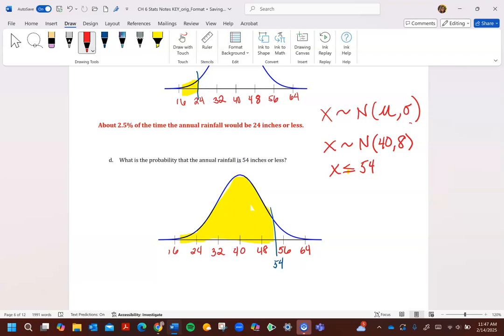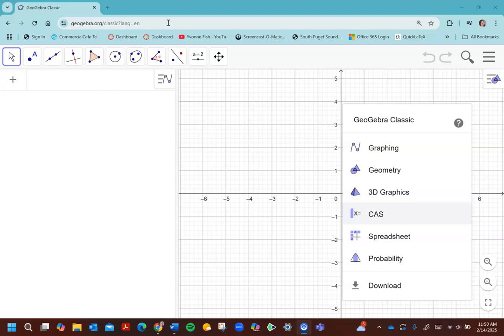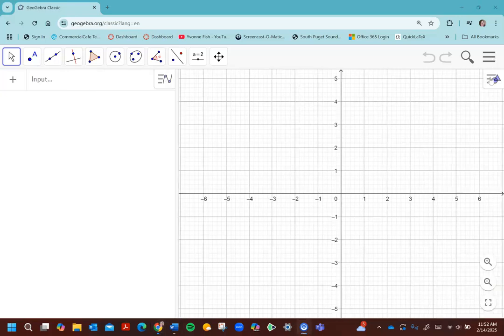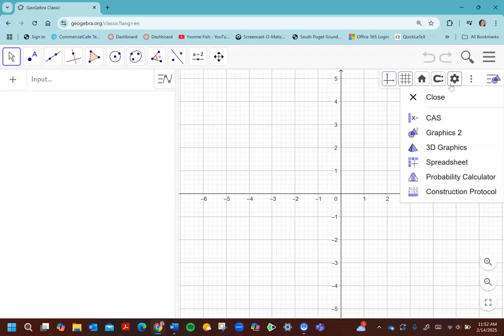So I'm going to jump over to GeoGebra right now to show you how to do that as well as Stoplets. So I've gone into GeoGebra Classic, and then we're going to click the menu here. So we click on that symbol, click the 3 dots, and then instead of spreadsheet, this time we're going to use probability.